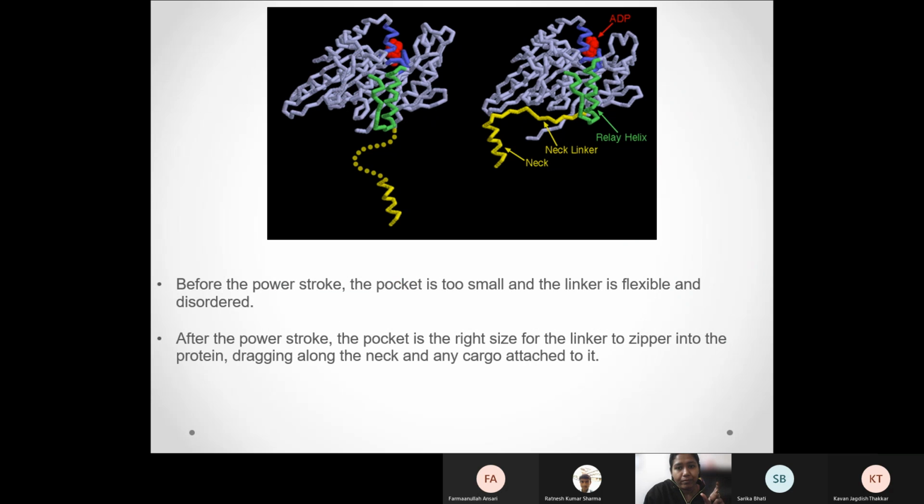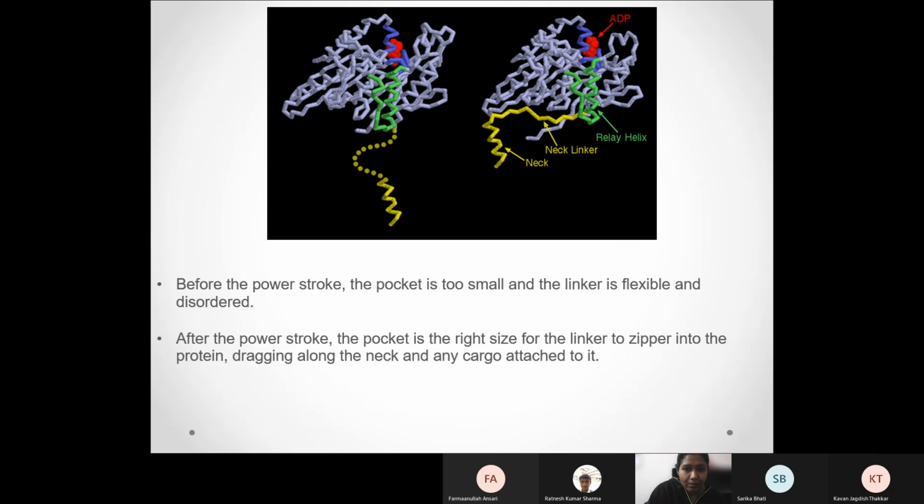So again, I'm going back to this image because this is a very straightforward way to understand what exactly I mean by conformational change and how much of a conformational change.